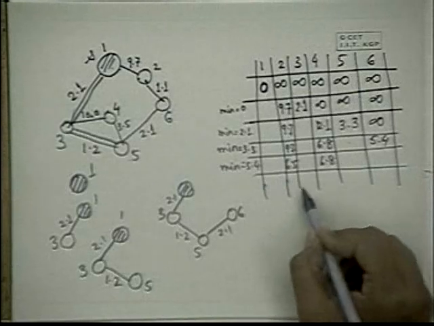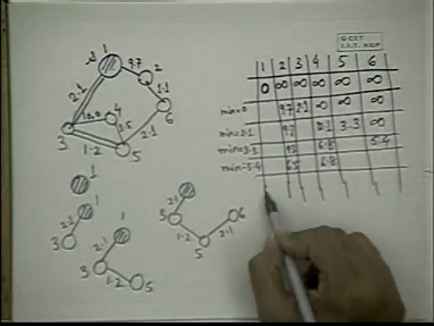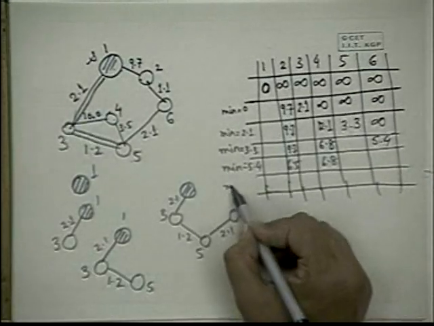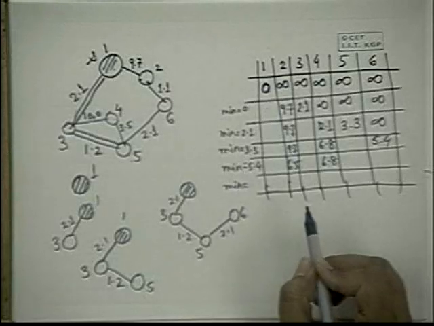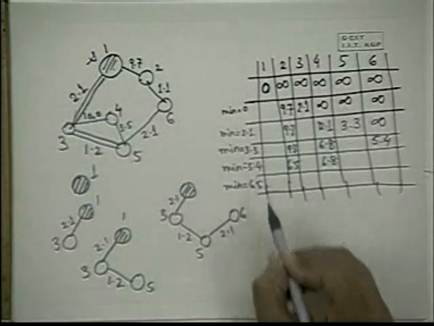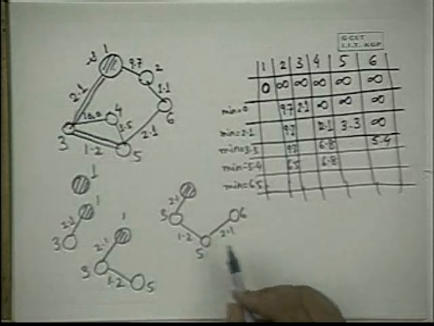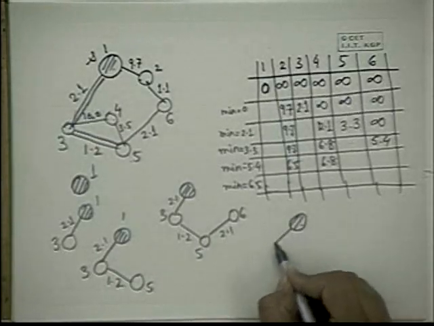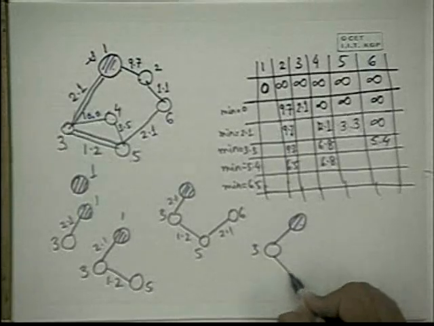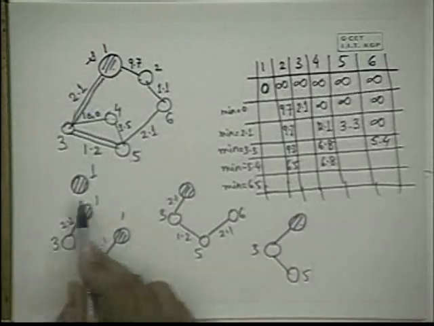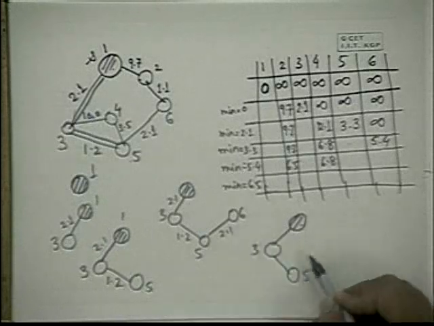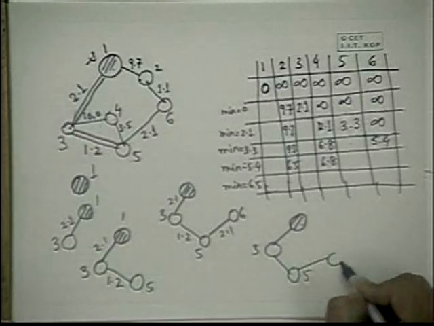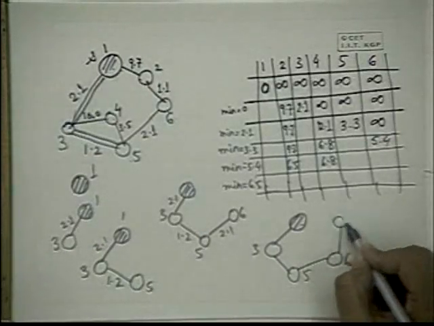So the next step, the minimum is 6.5. That will be 2, which will be extracted. So if I extract 2, how does it look like? So this is 3, this is 5. All the time you can see we are maintaining the tree so far. 5, now 6, and 2.